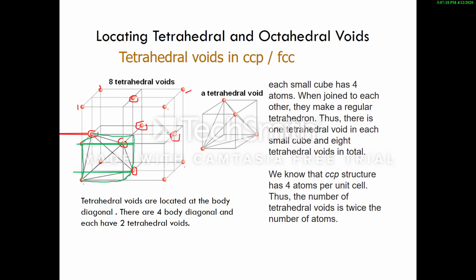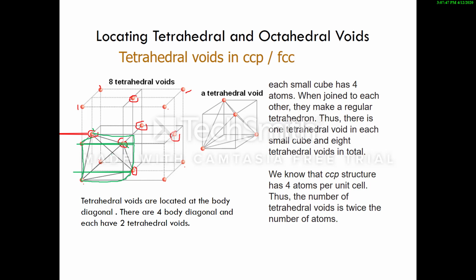Now in this case, the particles are present at the opposite side corners. Like see, this is one particle, this is another particle, this is the face diagonal. This is your face, and this particle is at one corner, and this is the particle of another corner of the face. In the same way, this is the face diagonal. If we join these four, then we'll get the tetrahedral structure.